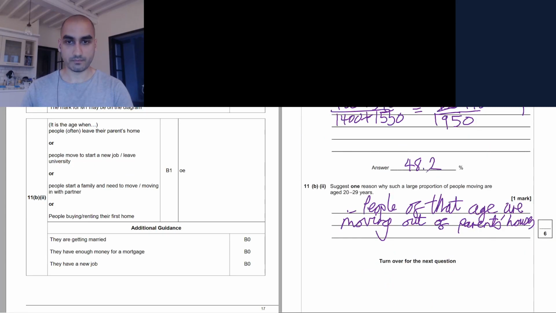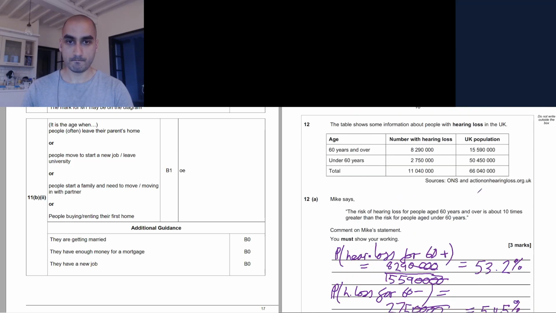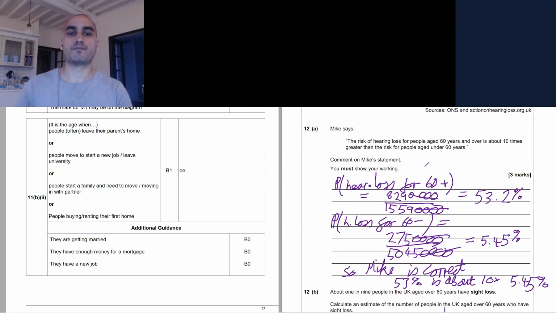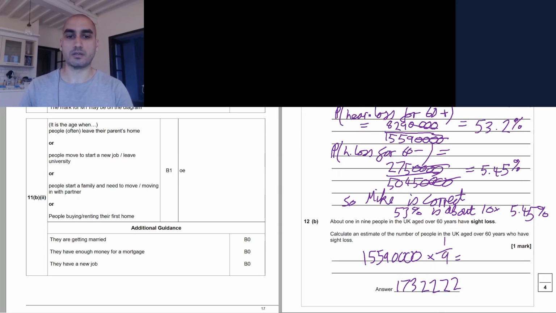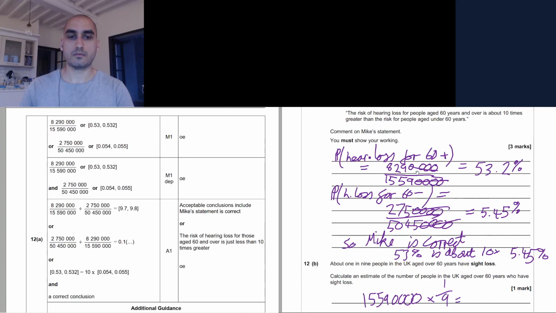11B2. People of that age are moving out of parents' homes. Yep. So what have we got here?